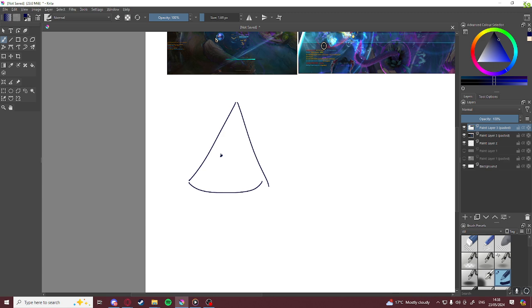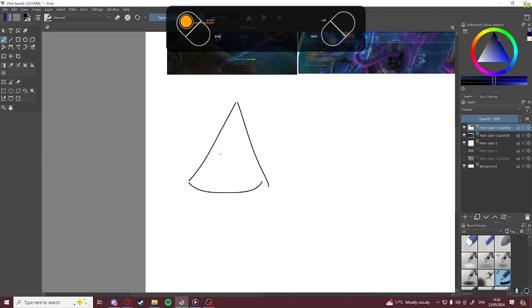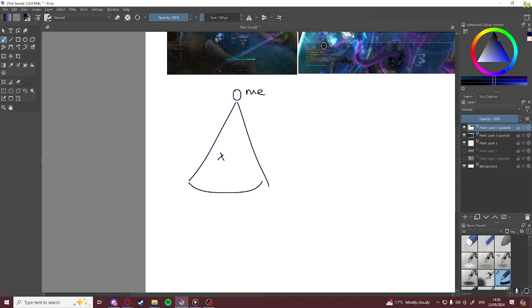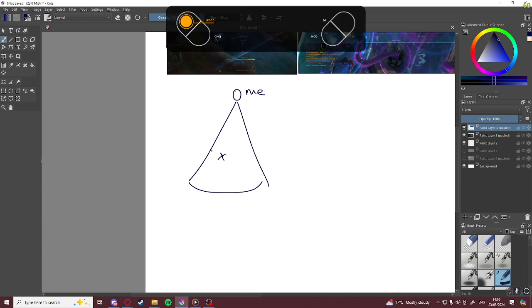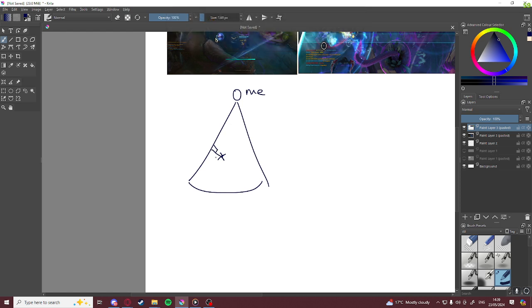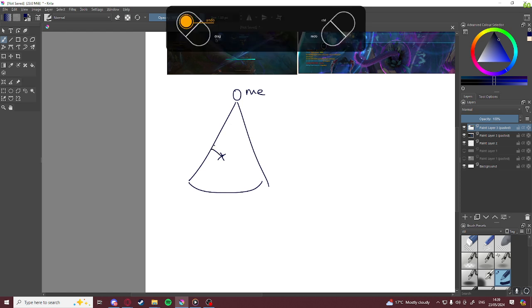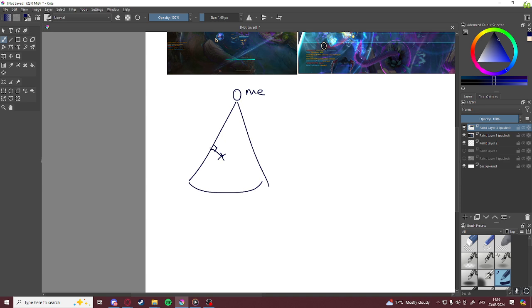Let's just pick here. So this here is me, and that cross there is the target. Where it has to run is straight here, right? That is the shortest distance because it's perpendicular to that boundary. So it would just have to run there.